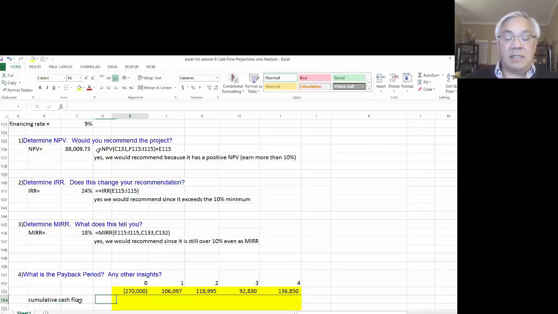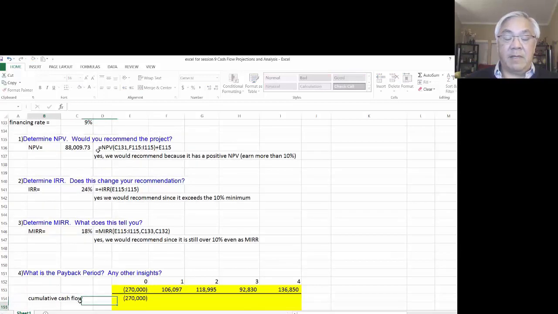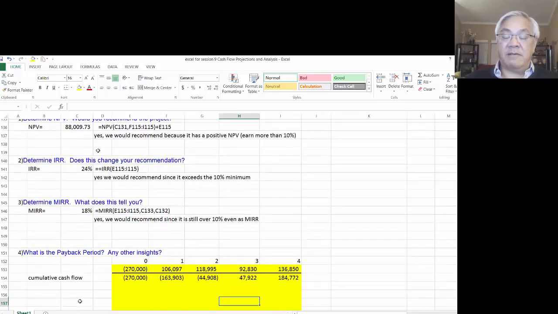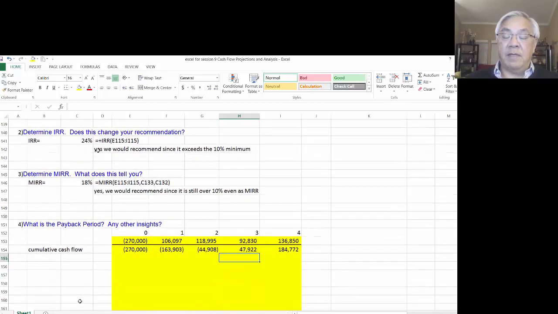And at T0, it's just what we spent. At T1, it's a negative that, but we got some money. And we just continue that over until we see a positive number. And we see right here, positive number occurs in year 3. So that means that year 2, we were short 44. Year 3, we make more than 44.